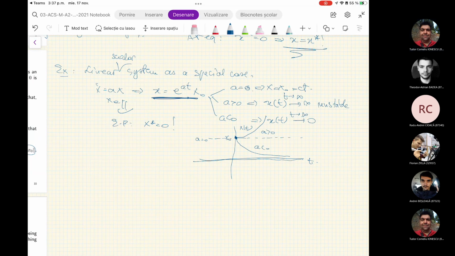Even if I change the initial condition and move it here, if it's stable, this also happens. So in this very simple case of linear systems, this is a global problem.